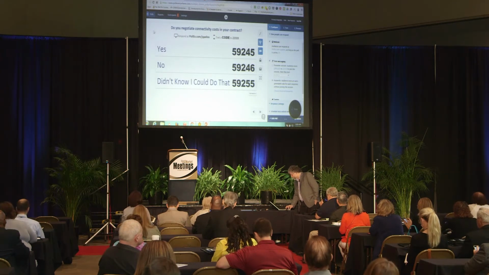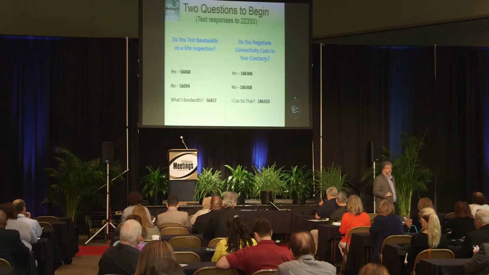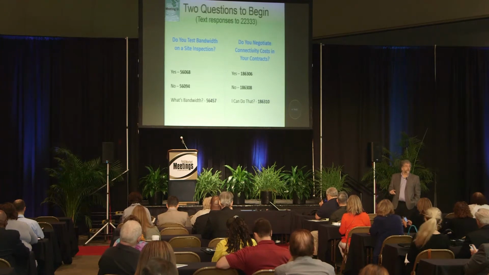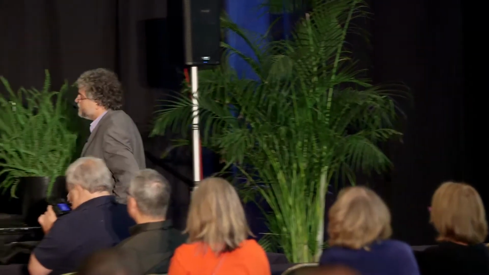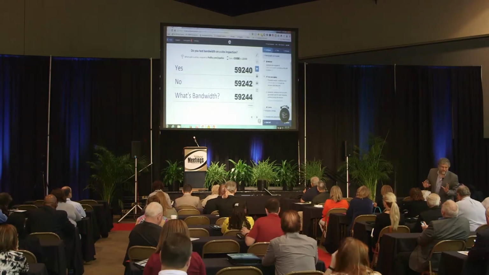But let's see if this is somehow deactivated. We're going to make this work, and if we don't, we're going to move on with it. So again, first poll, 22333. Do you test bandwidth on a site visit? Second, the numbers are different. Then let's do it this way. Did I tell you I hate technology sometimes? I mean, really, really hate technology. So let's start it all over again.